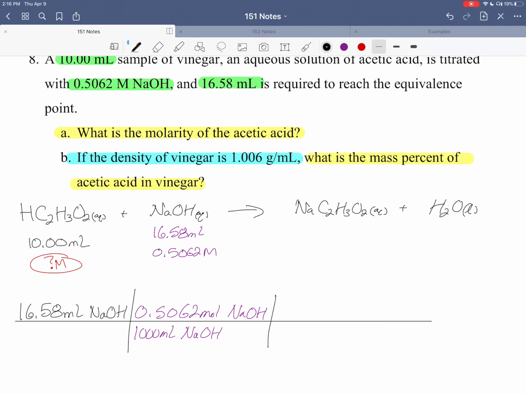And then the mole ratio is 1 mole of NaOH to 1 mole of HC2H3O2. That's going to give us our moles of acetic acid, which in this case looks like it's 0.008393.